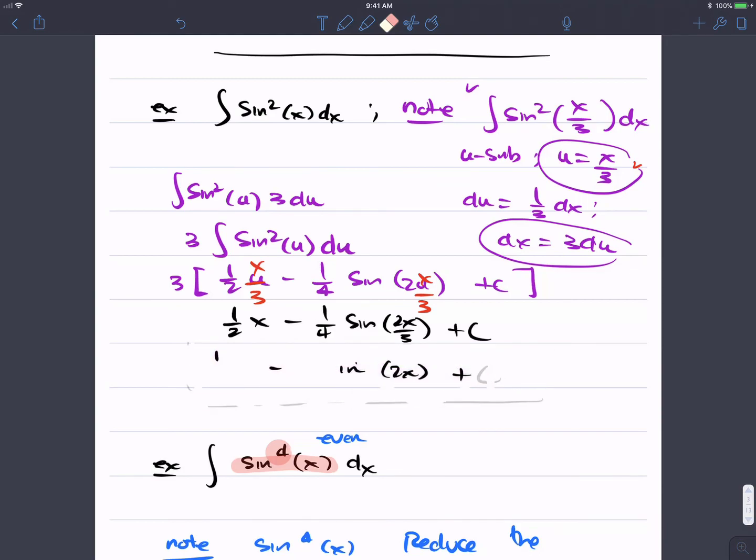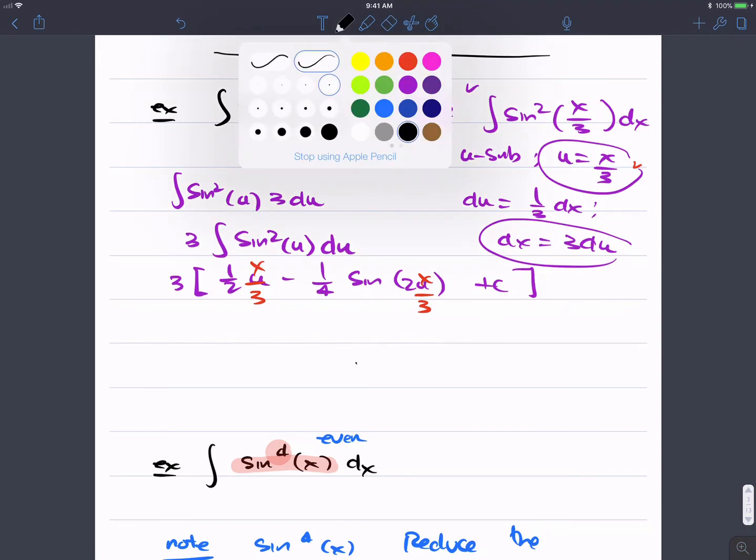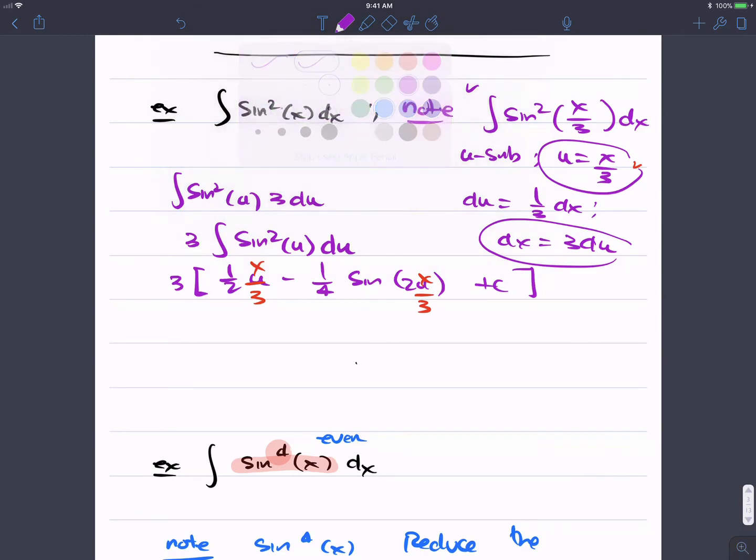Okay, let's get rid of this. We might want to see some algebra, probably what people may want to double check with. Let's write down some more of the algebra in case you guys get a little confused here. Pay attention to what's going on here with this 3, 1/2 times 3, that'll be 1, x over 2 times 3 minus 1/4 sine of what? 2x over 3.